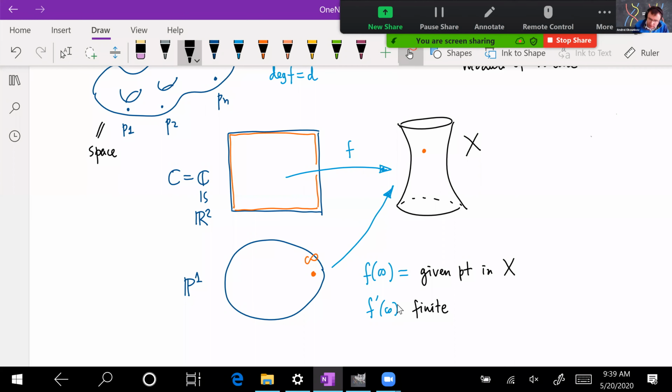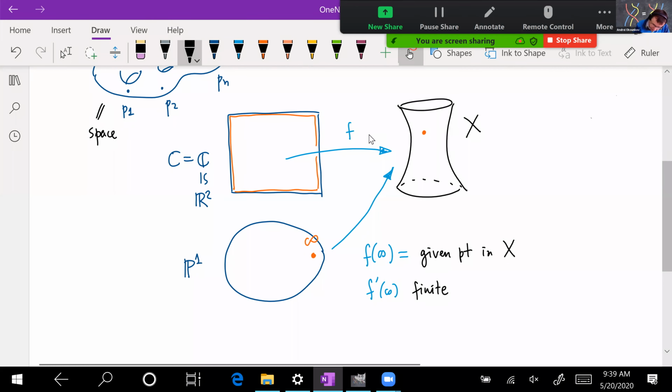Or another such object is the J function. So this is an object of the same kind. Instead of looking like some infinite dimensional space, this in fact looks like an open set.